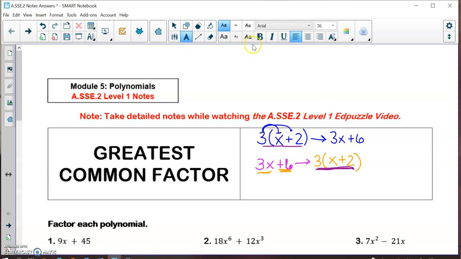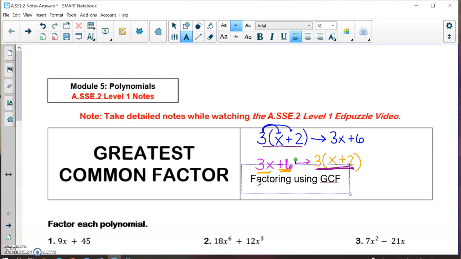All right, so in this part of your notes, sometimes greatest common factor will be abbreviated as GCF.